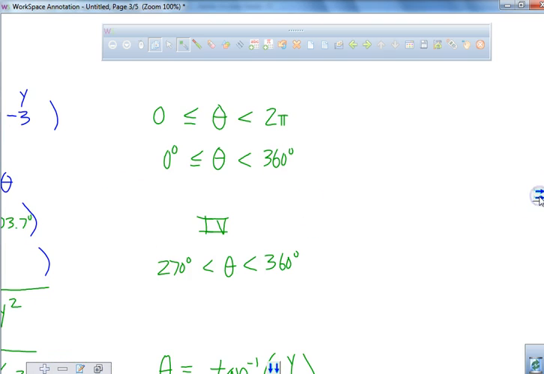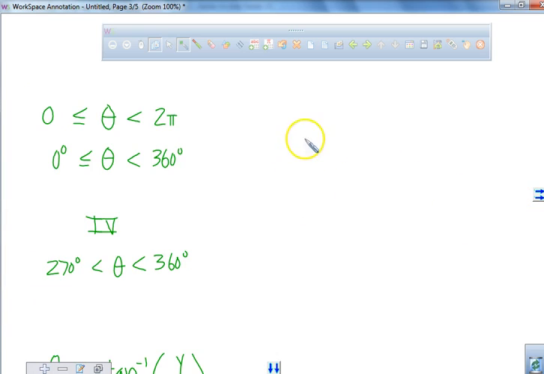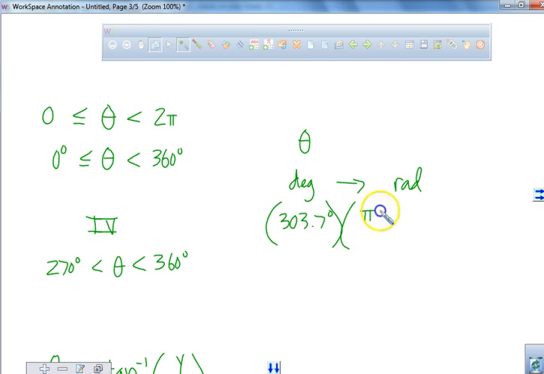Everybody, this is what you need to put into your journal. Anytime theta is in degrees and we want to change it to radians, just take whatever degrees you have and multiply it by pi over 180, and that will give you your answer in radians.